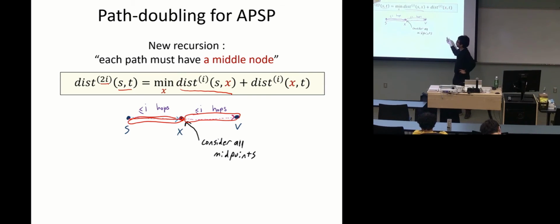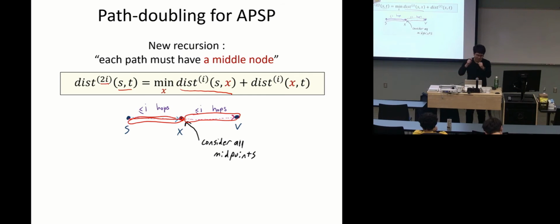Well, you don't know which one is the middle point of your shortest path. But if you hit it, this distance plus this distance is going to be your correct 2i hop bounded distance. But you don't know which one is the best x. Well, you can just compute this for all x and take the minimum.